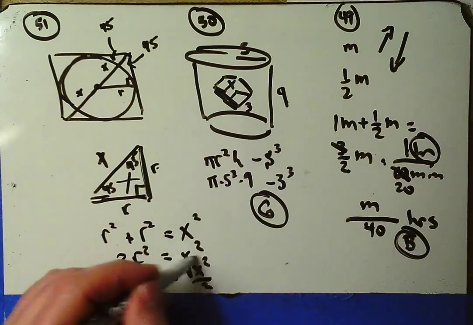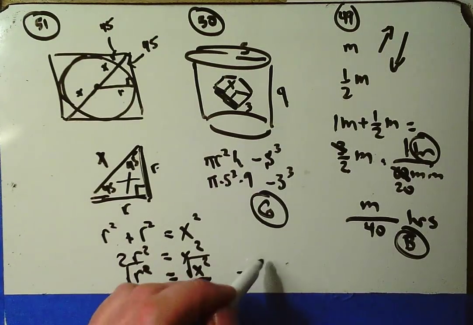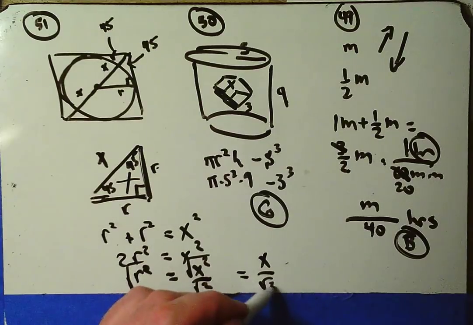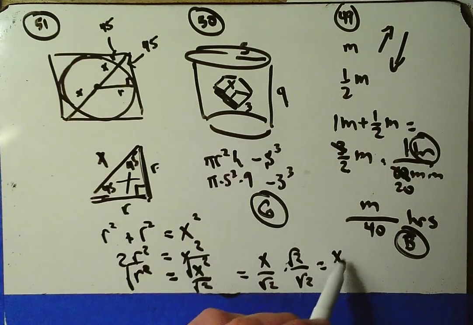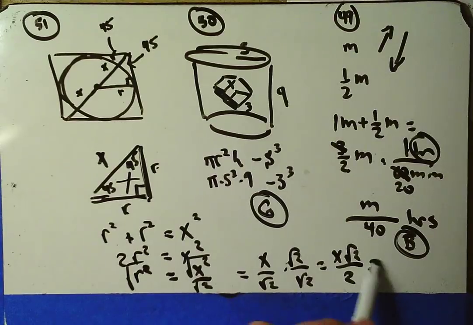And then I'm going to take the square root, and I'm going to get x over root 2, which, when I rationalize, becomes x root 2 over 2. And that's choice D. D for number 51.